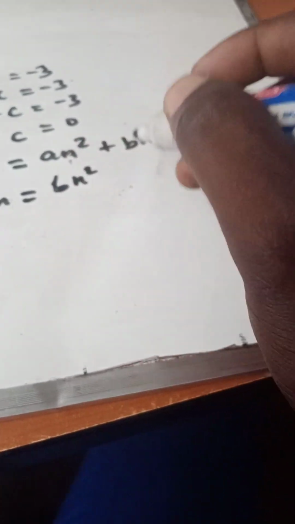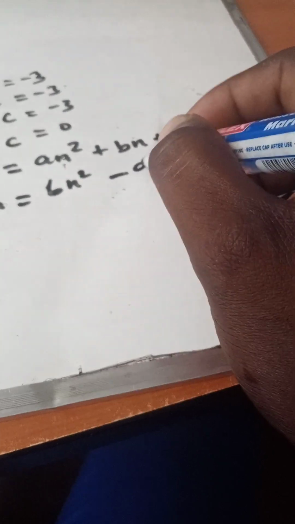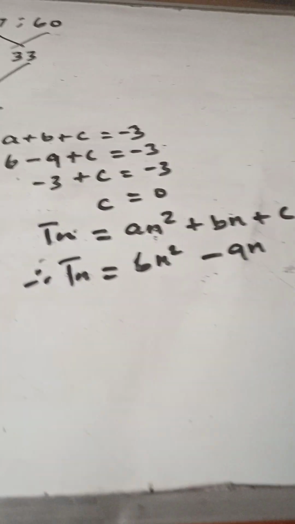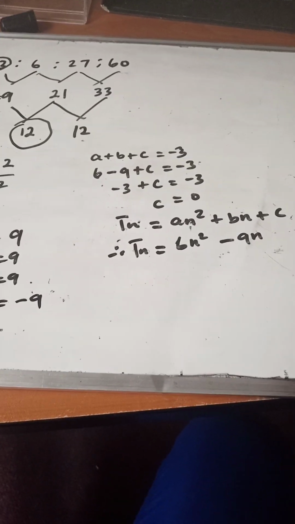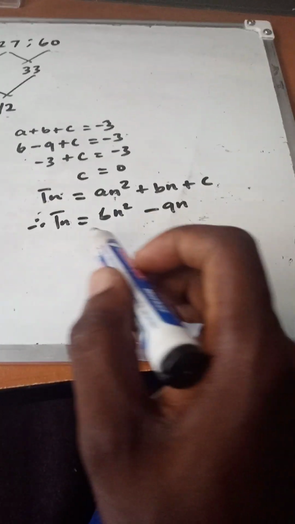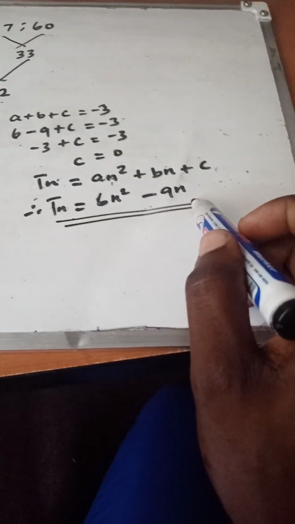Let's substitute. Tn is equal to: A is 6n squared, B is minus 9n, and C is 0. So you can choose to ignore the 0. And that's how you get your formula. So the formula for the quadratic number pattern will be this here.